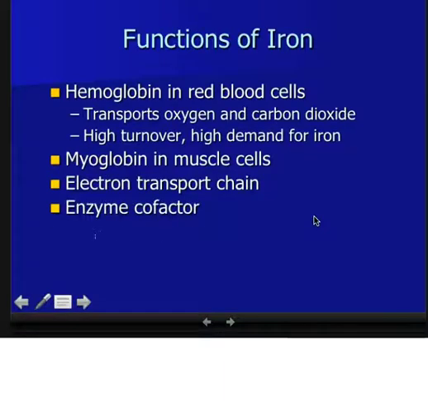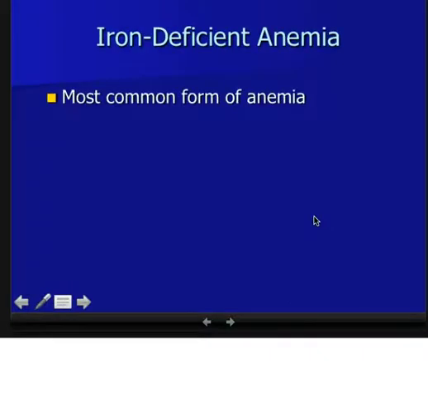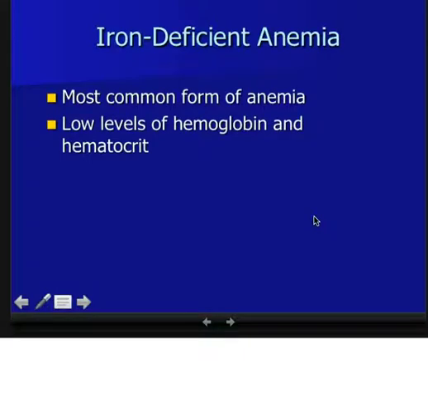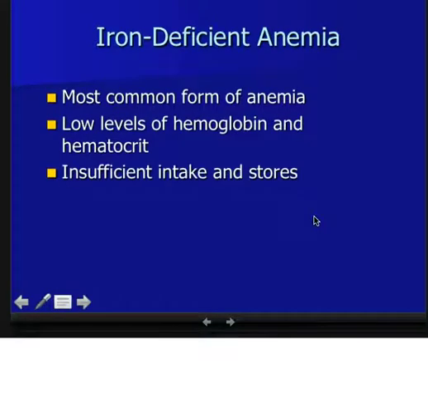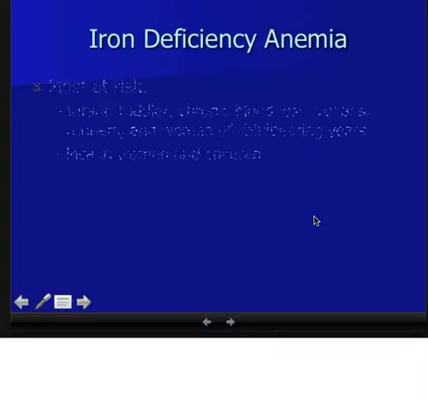Okay, it's an enzyme cofactor as well. It also aids in immune function, and it also acts in drug detoxification pathways. Iron deficiency anemia is the most common form, results in low levels of hemoglobin and hematocrit, results from insufficient intake and stores, and can be characterized by a reduction in the production of red blood cells and a reduction in oxygen carrying capacity.